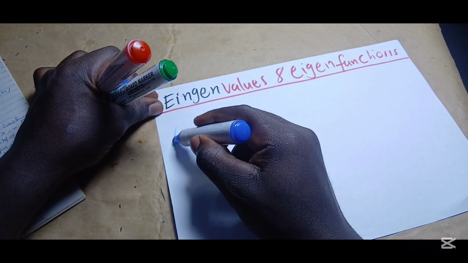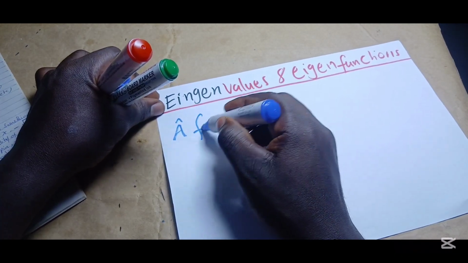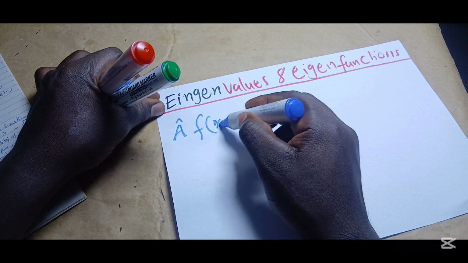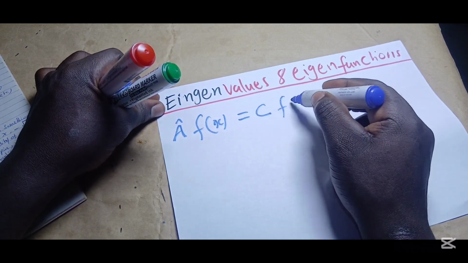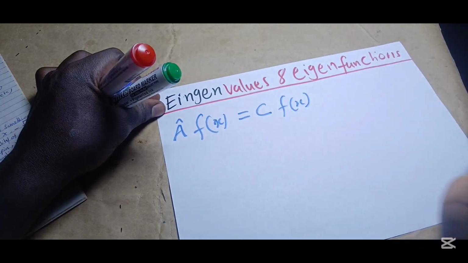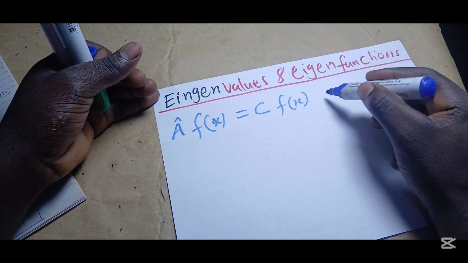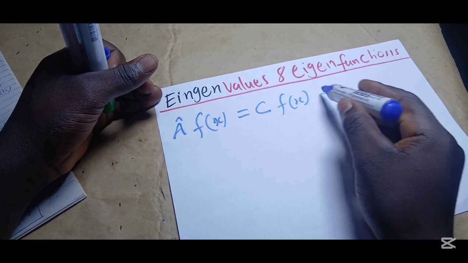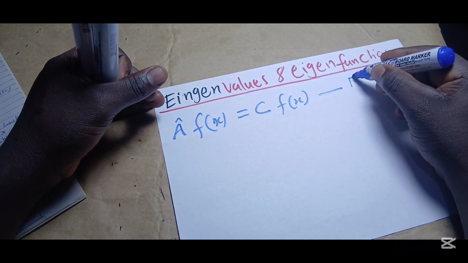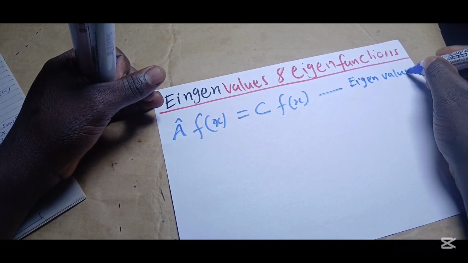If we have an operator A hat operating on a certain function, f of x, to give us a certain constant and that same function back, then we can call this whole equation an eigenvalue equation.